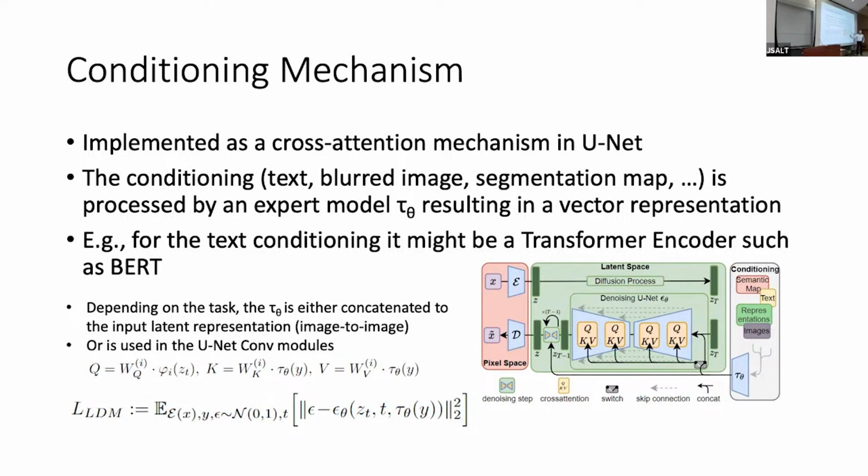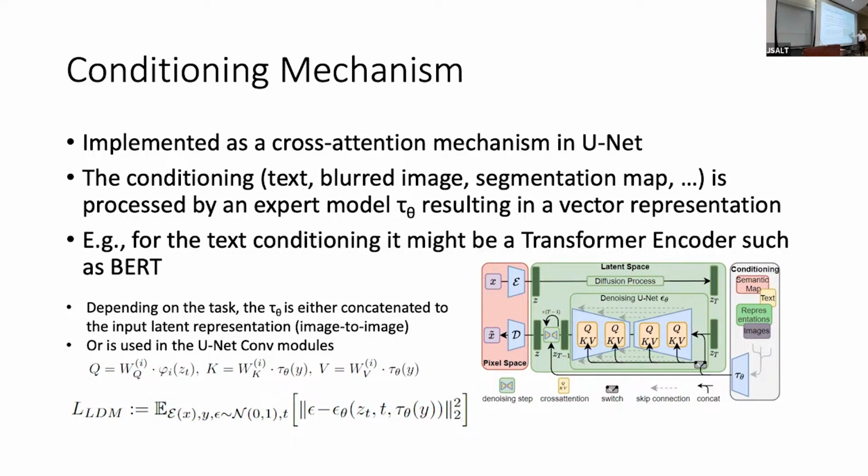And after each block of convolutions, you have this attention module from transformer, and you actually take the query from the image and key and value from the conditioning, and you compute the attention. And this modifies the diffusion step you make. And that's why you are able to condition the diffusion process in such a way that you want it to obey your conditioning.